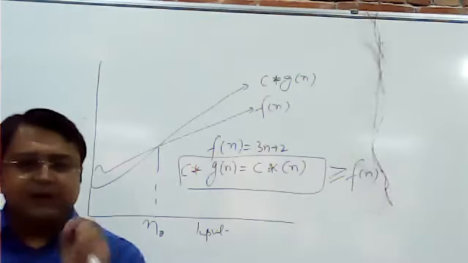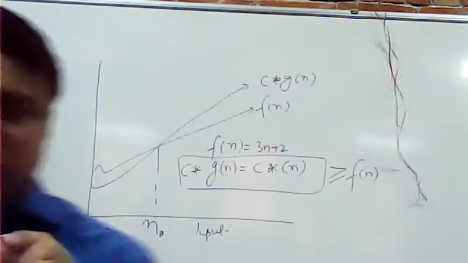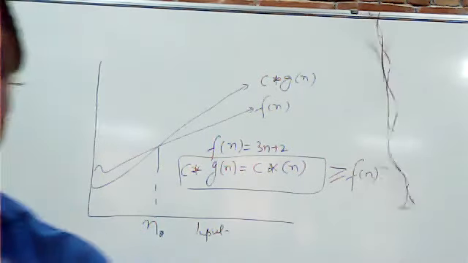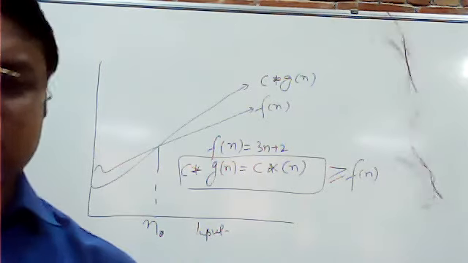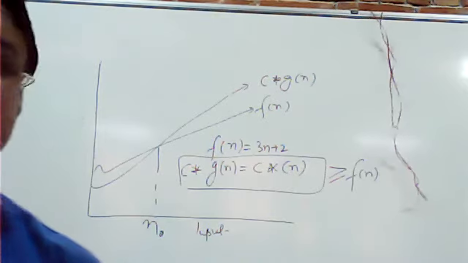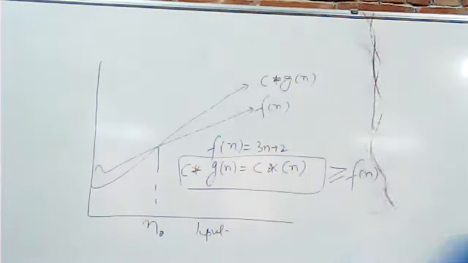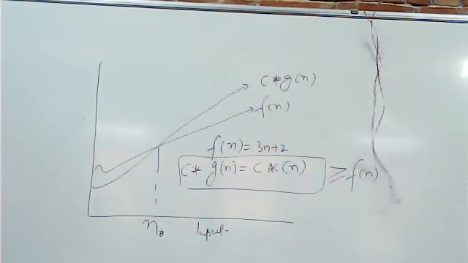After a particular input size, if I multiply Gn with a constant, now we will decide what the constant will be, then for every input after that, Gn will always be greater than Fn. Get it? Suppose for input size 1, Gn is smaller. Suppose for input size 2, Gn is smaller. Suppose for input size 3, Gn is smaller. But for input size 4, Gn is greater, for 5 also it is greater, then for 6 also.